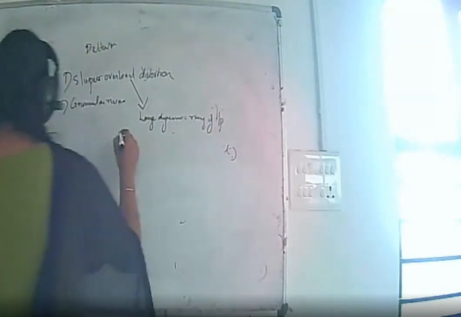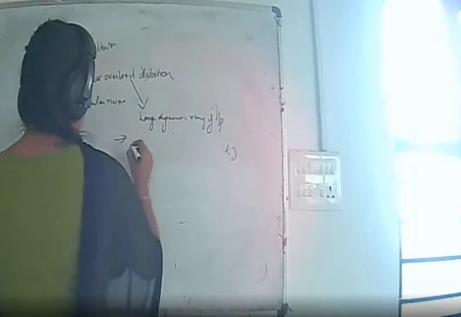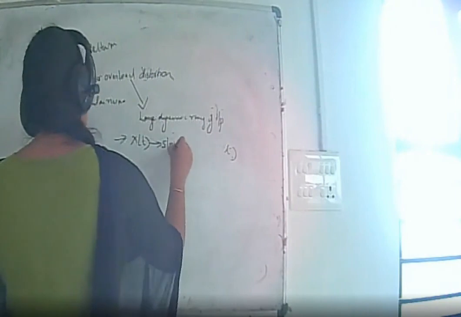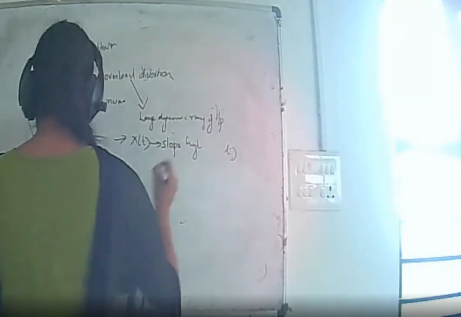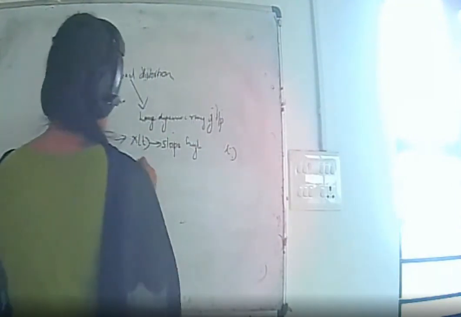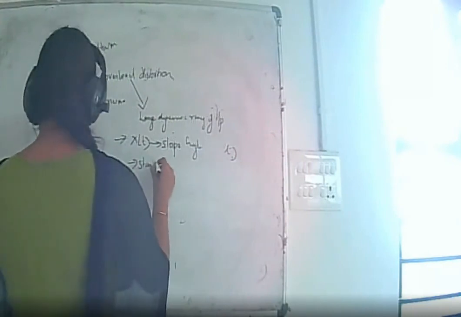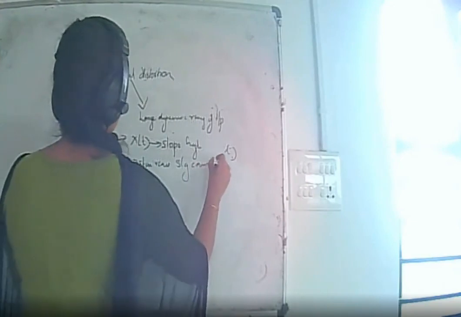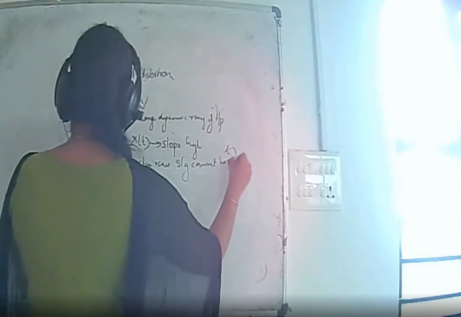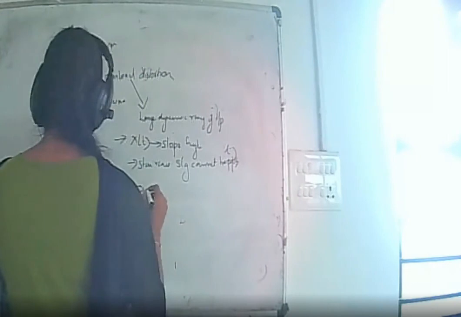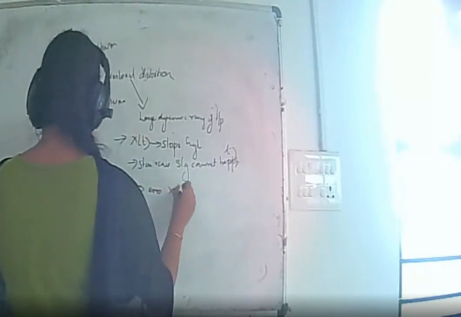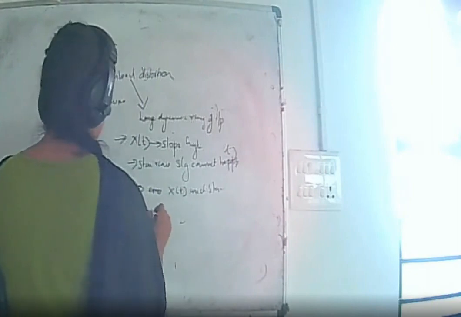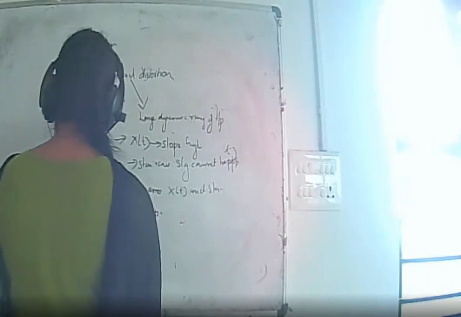That is, when the slope of the input signal x of t is high, then the staircase signal cannot approximate it, so there will be a large error between x of t and the staircase approximation. This is called slope overload distortion.